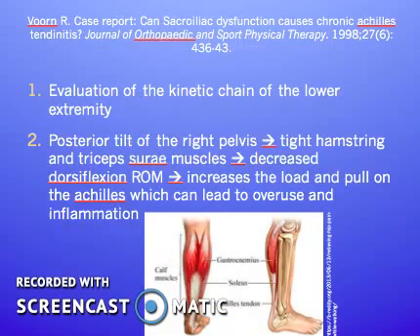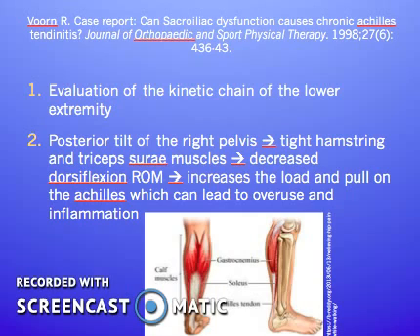The second article talks specifically as a case report about SI joint dysfunction and Achilles tendonitis. Now, this is an older study, however, I really do think it benefits not only to remind me why it's important to look at the kinetic chain, but also to help me understand how to go about not only evaluating but treating.